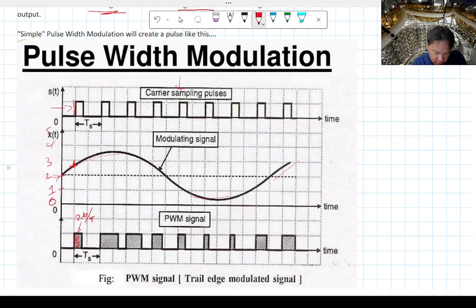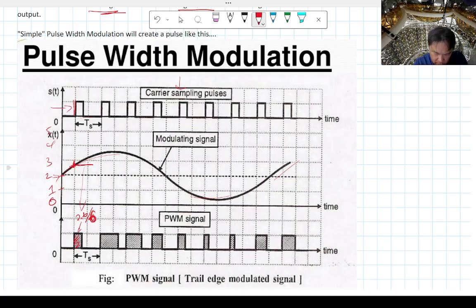Actually, it's probably a little bit less than that. That's about a third. I think they're doing a 6 as the maximum, so 2.6 divided by 6. That basically does the analog to digital conversion at this point here.